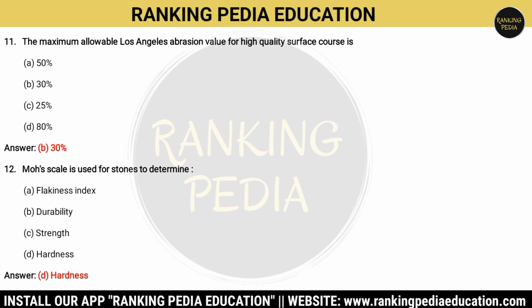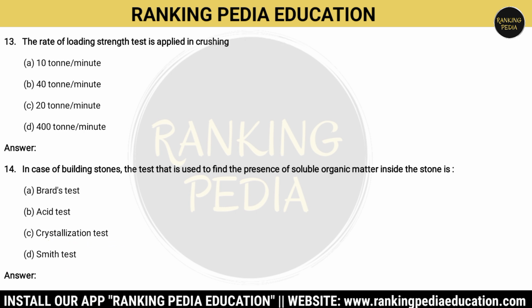Option number D is correct. Next question: the rate of loading applied in the crushing strength test is. Options are 10 ton per minute, 40 ton per minute, 20 ton per minute, or 400 ton per minute. So the rate of loading applied in the crushing strength test is 40 ton per minute. Option number B is correct.